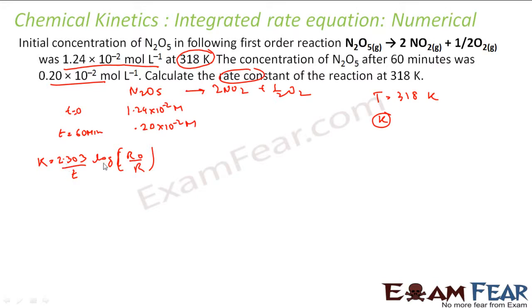So let's find this now. Put the value, this becomes 2.303. Time is 60 minutes. Log of R naught, initial concentration is R naught. Final concentration is R.